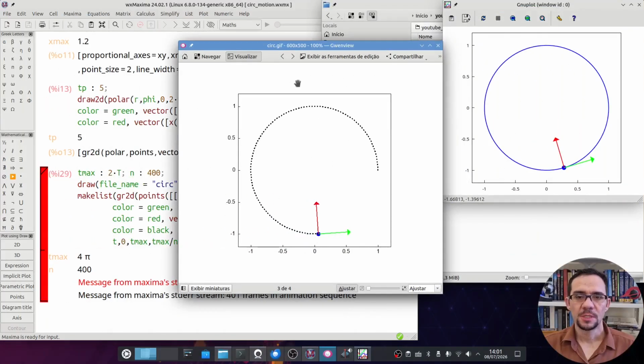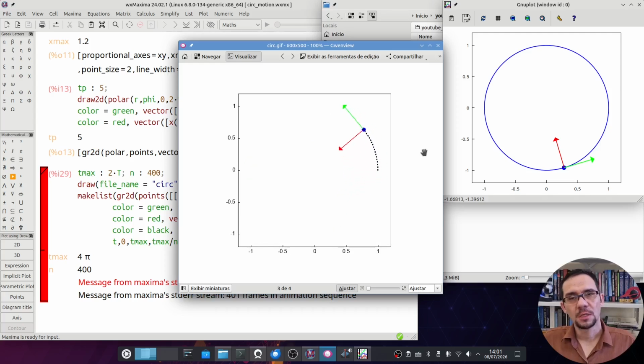And before we start, I would like to show you already the simulation resulting from the code piece we are going to learn today. And we see a circular motion where it's shown the velocity vector and acceleration vector.